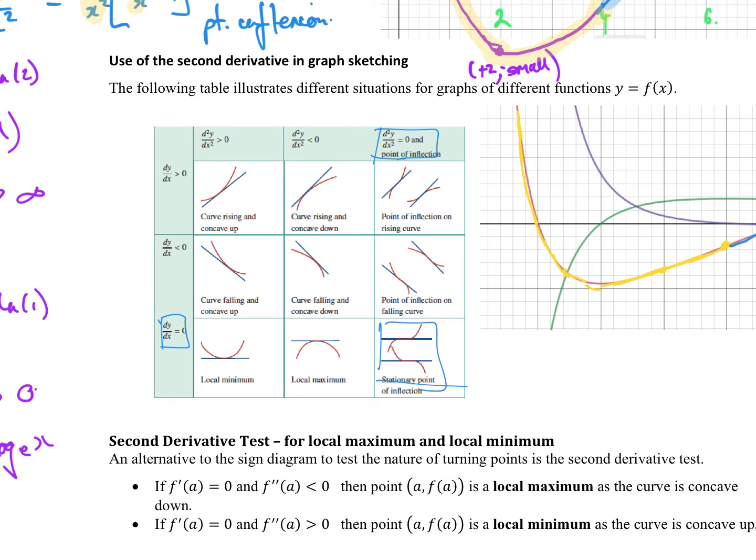If the second derivative is 0 and the first derivative is positive, we'll have a point of inflection. If the second derivative is above 0, the curve is concave up at that point. If the second derivative is below 0, it'll be concave down.